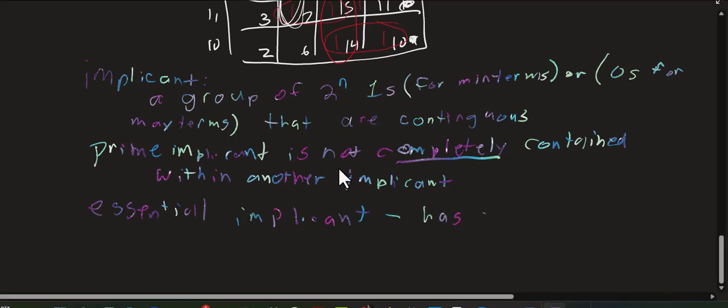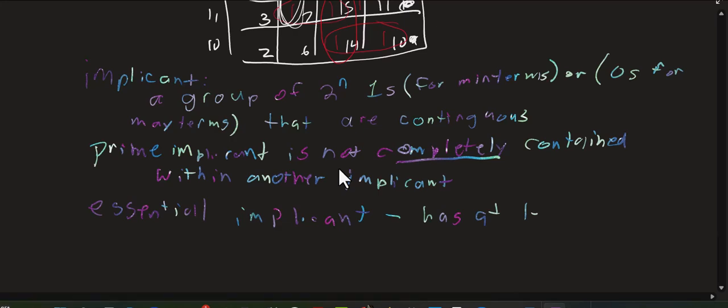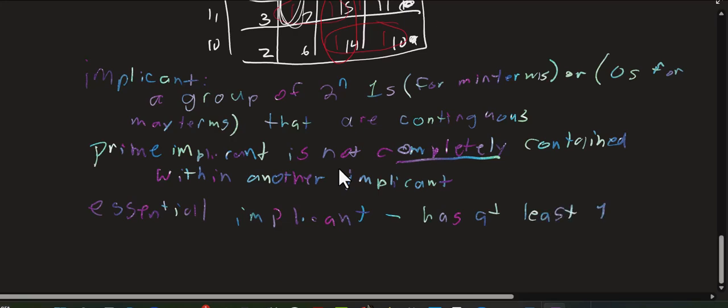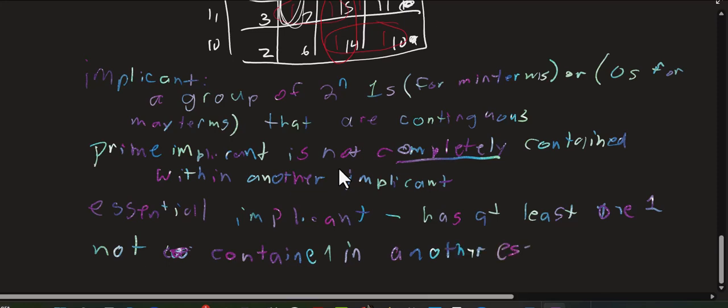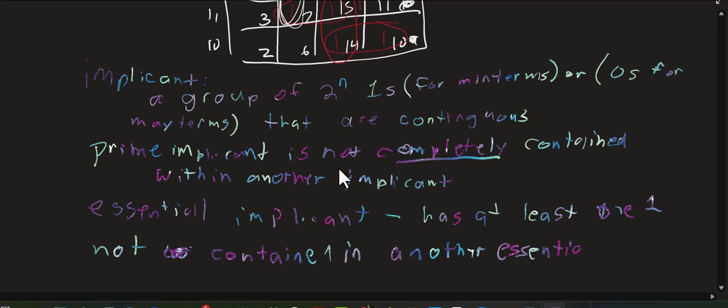So it has at least one cell not contained in another essential implicant.